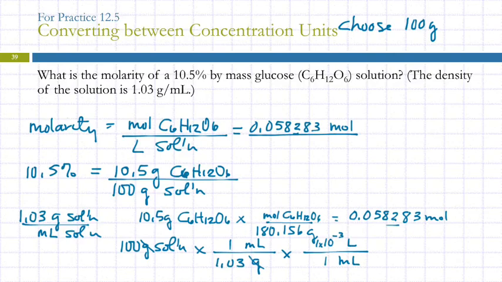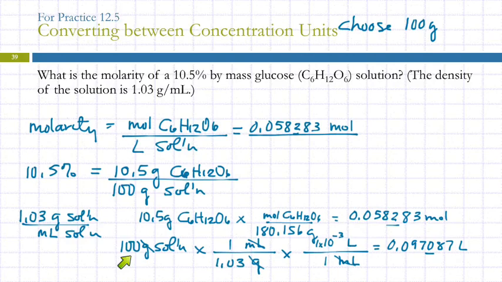And the milliliters have canceled out. So 100 divided by 1.03 times 1 EE minus 3 is 0.097087 liters.